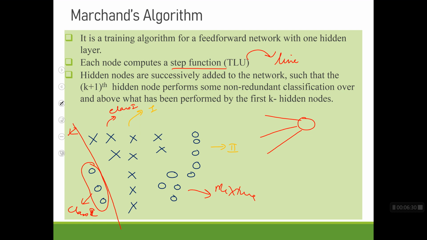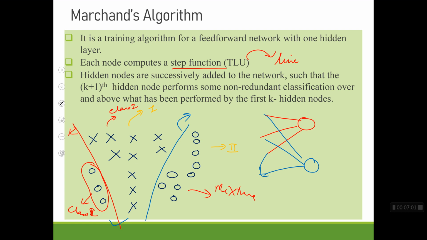I can draw a line here, and for this line I get another neuron. This line does the extra classification that was not done by the first line, so another neuron gets added to the network.